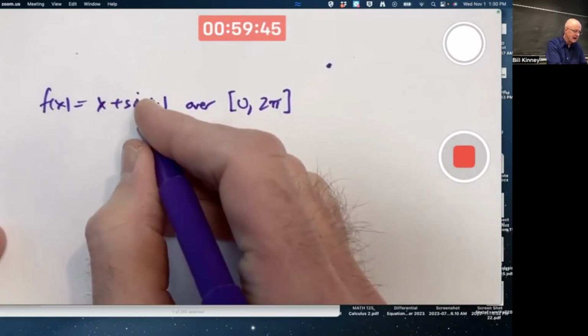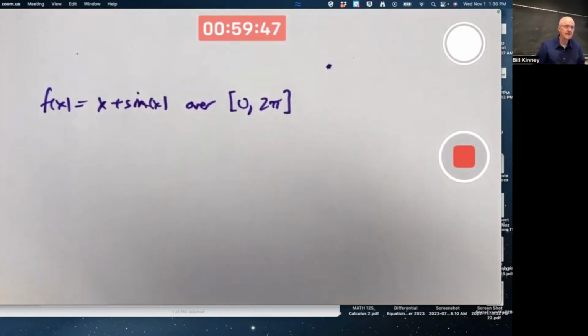To find the best possible bounds is the same thing as finding the global max and min values. So you use the same algorithm. You find the critical points. You test the value of the function at the endpoints and the critical points. The biggest number is the global max value, also called the best upper bound. The lowest number is the global min value, also called the best lower bound.